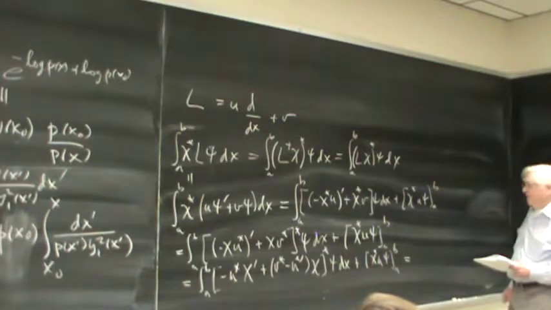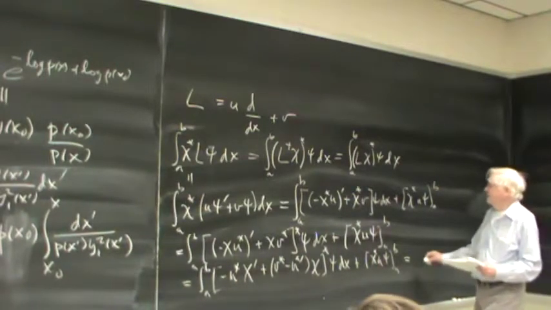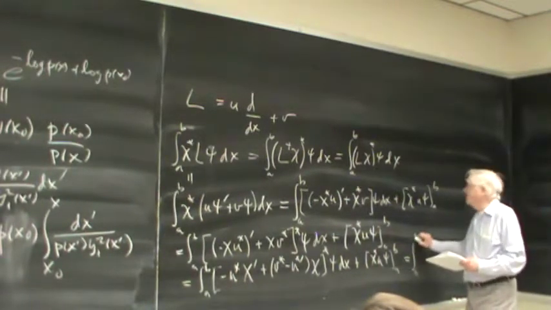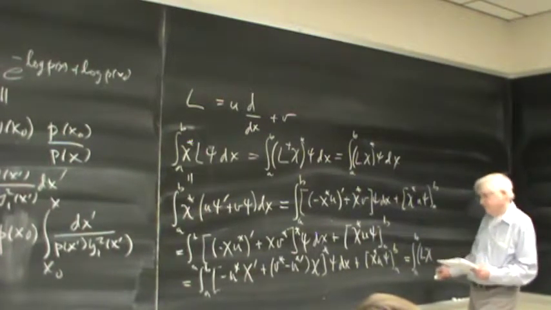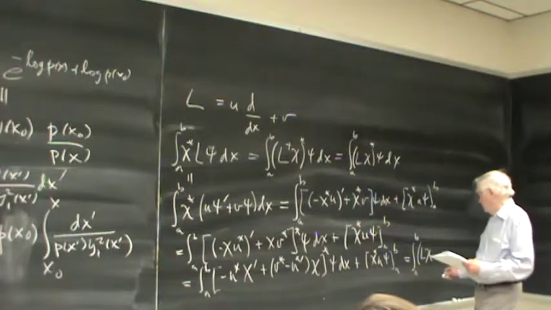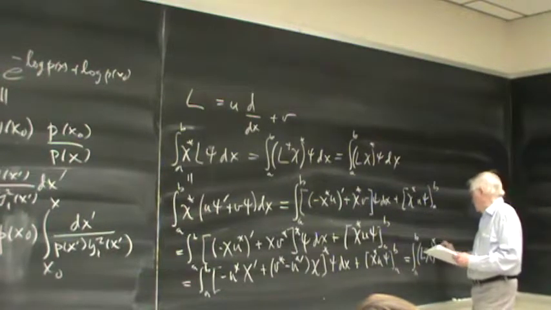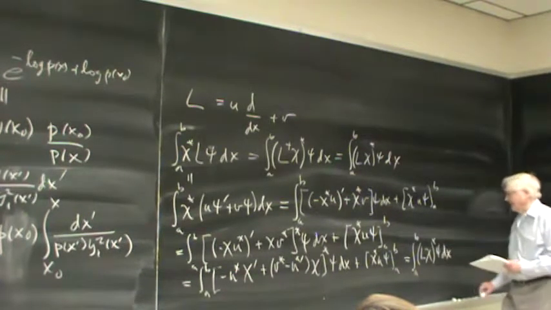In other words, we want that to be the integral from A to B of L chi star psi dx.